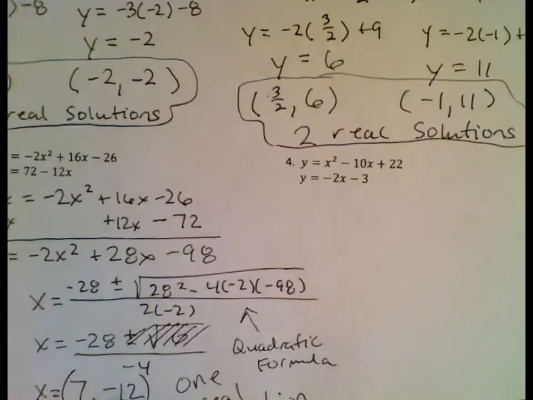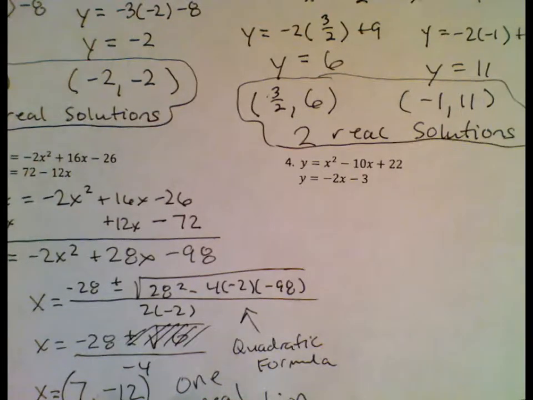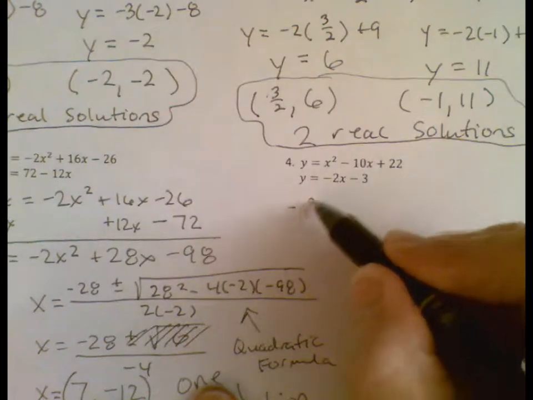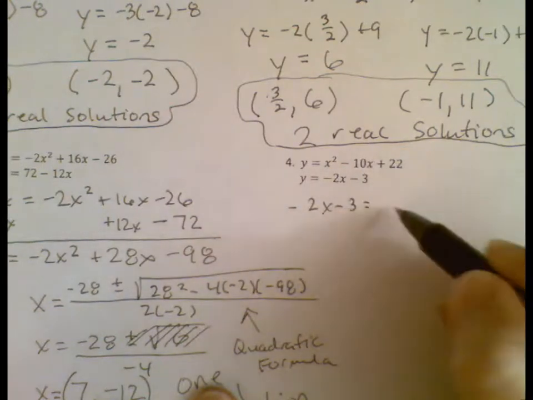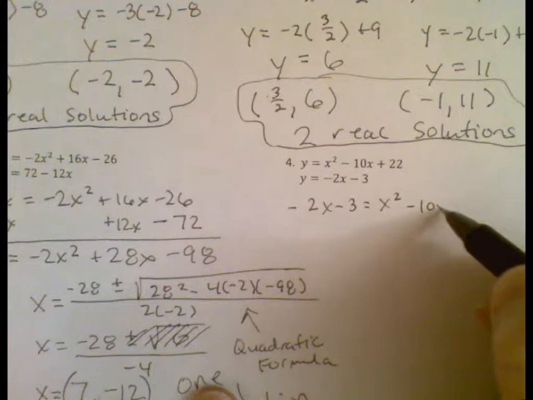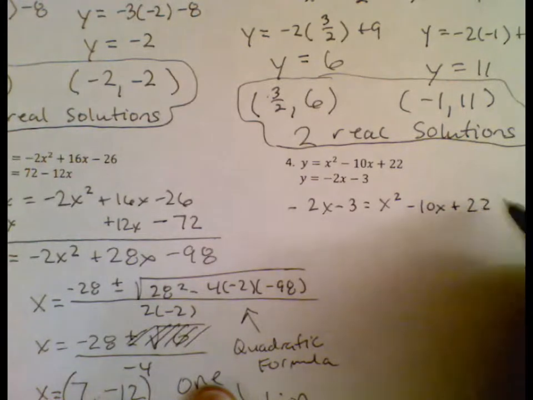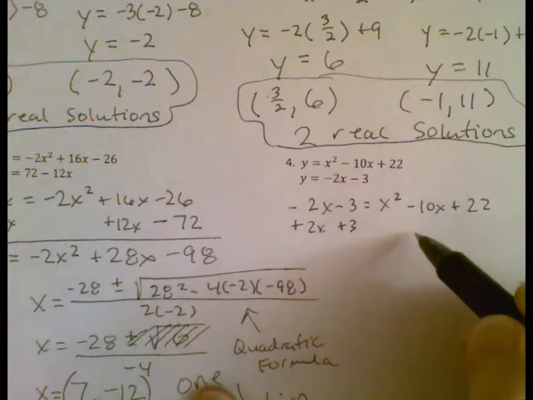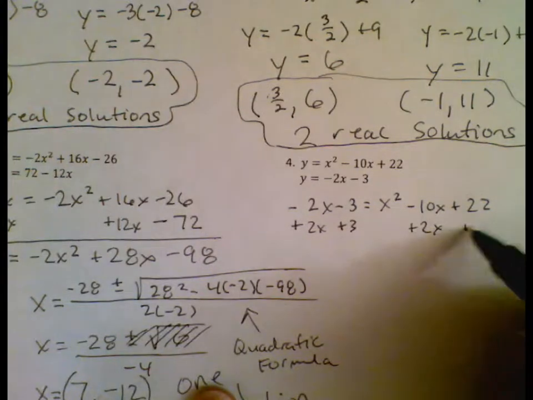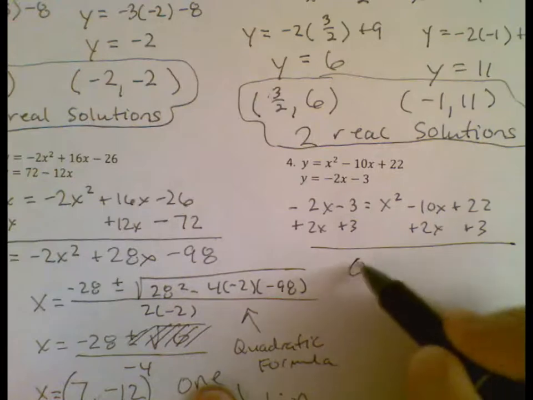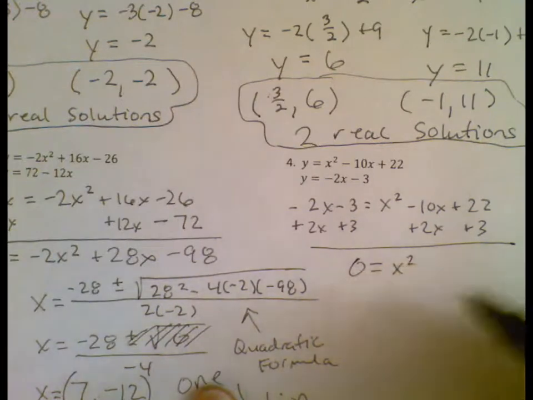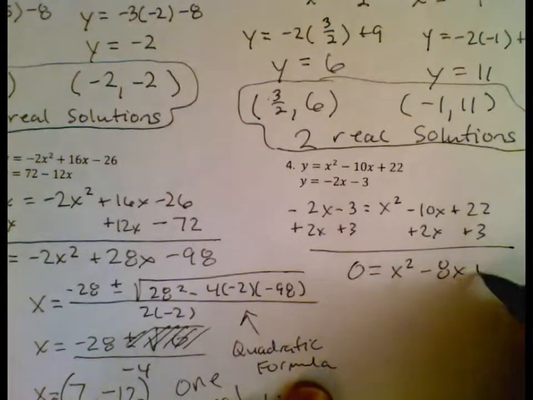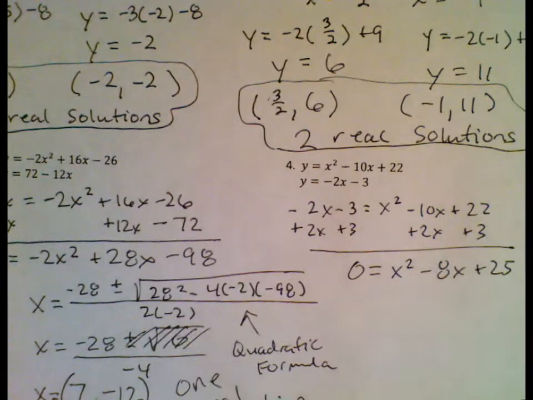So let's move to this last problem. I'm doing good on time, so I'm going to plug that in for the y. And I'm going to shift everything to the right again. So I get x squared minus 8x plus 25.